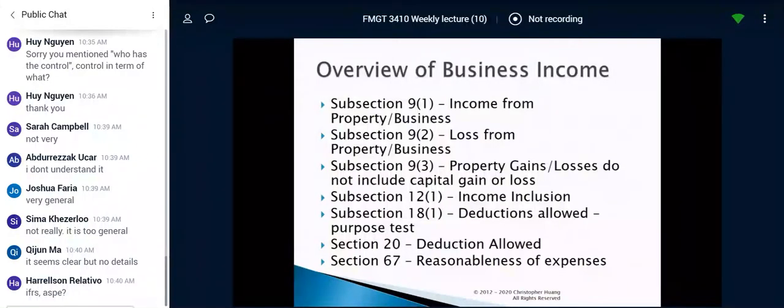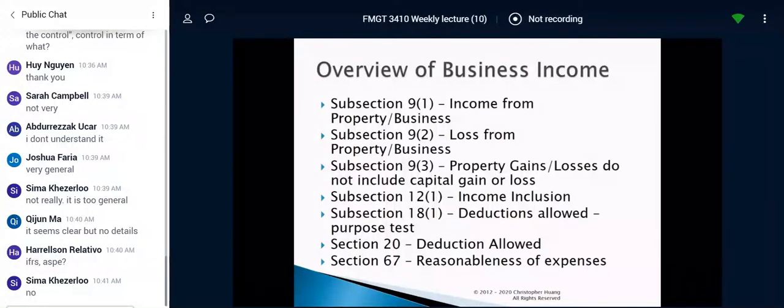So here's my question. Could you use either? Are the rules the same between your accounting standards? Like, are they the same, Harrison? Is IFRS ASPE the same? Are they different? No.